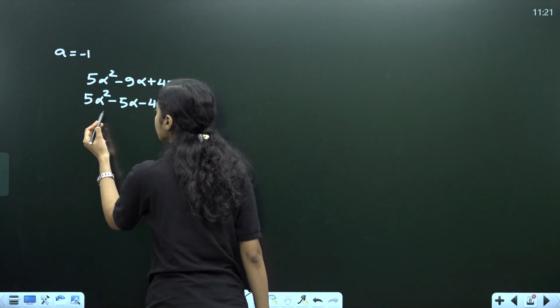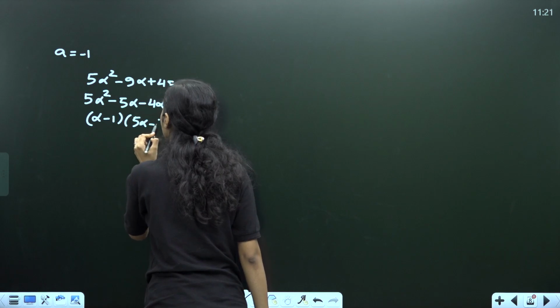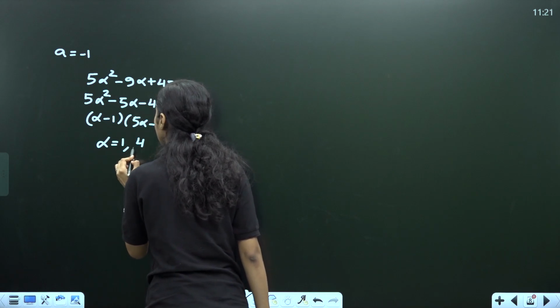Then taking 5 alpha common, (alpha minus 1)(5 alpha minus 4) equals 0. Alpha equals 1 and 4 by 5.